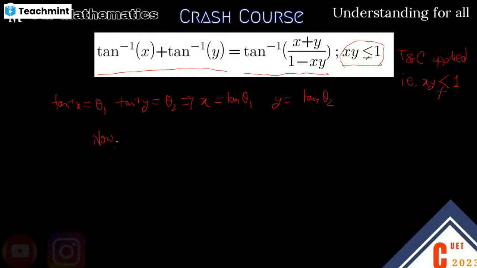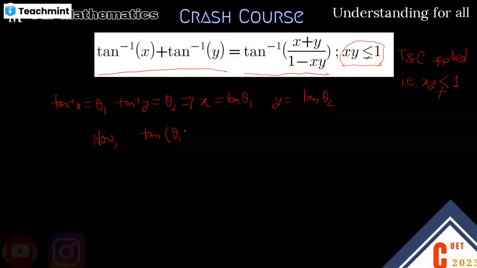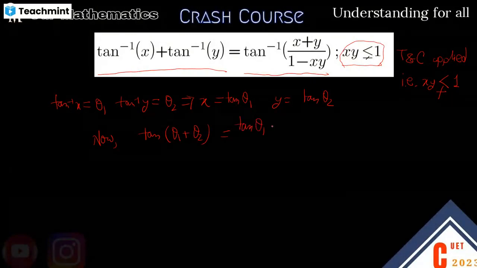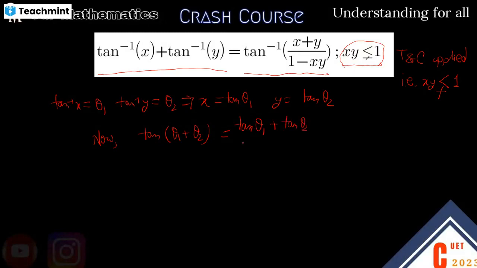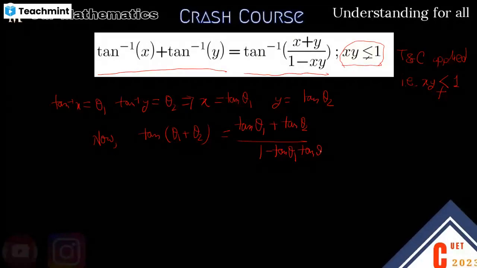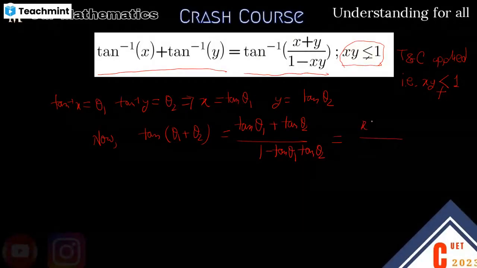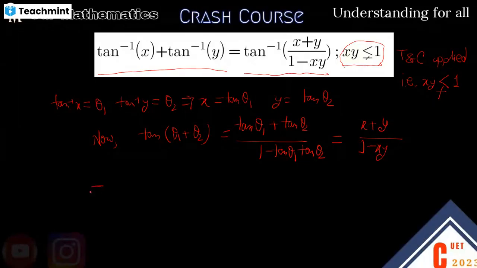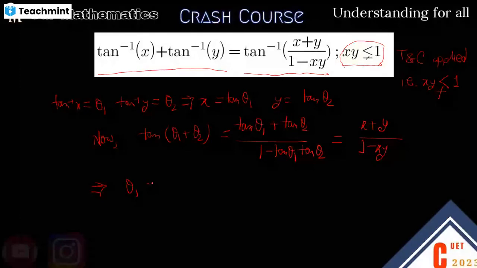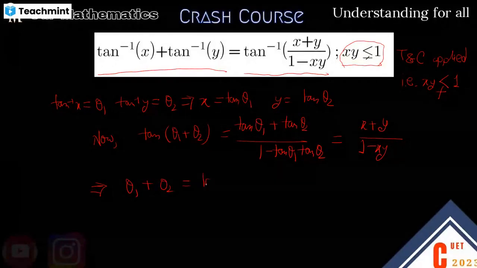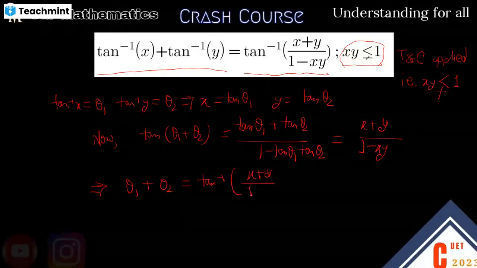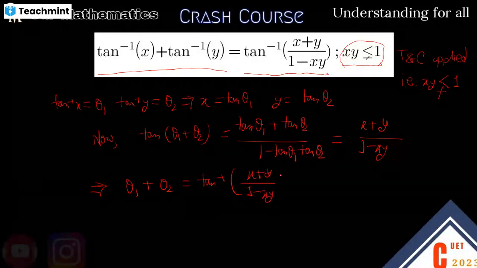Now, what is tan of theta 1 plus theta 2? It is equal to tan of theta 1 plus tan of theta 2 divided by 1 minus tan of theta 1 into tan of theta 2, right? Which is equal to x plus y divided by 1 minus xy, which means theta 1 plus theta 2 is equal to tan inverse of x plus y divided by 1 minus xy.